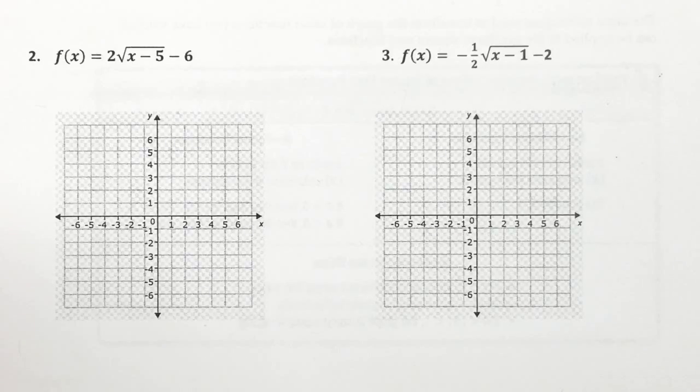Wait, you got -6? What is happening? Wait, what? You would plug in 5 and let me get what.